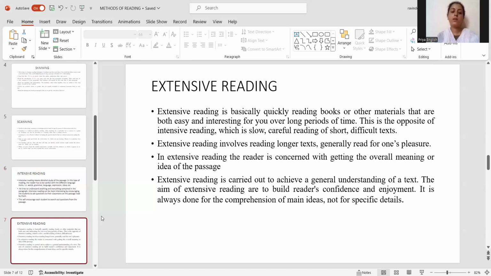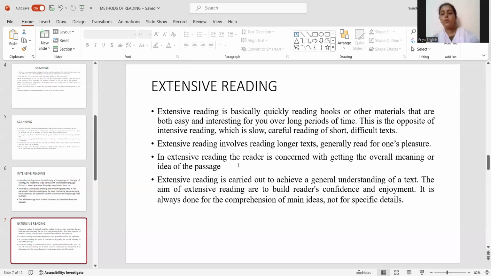Next is called extensive reading. Extensive reading is basically reading books quite quickly. While intensive reading requires detailed study of the text, extensive reading, on the other hand, is not reading in detail. It is just a quick reading of that particular text.